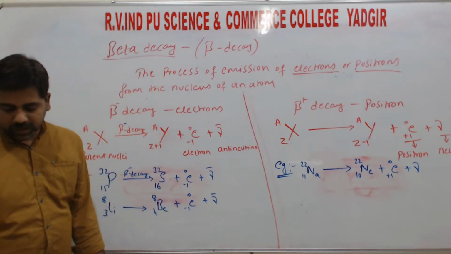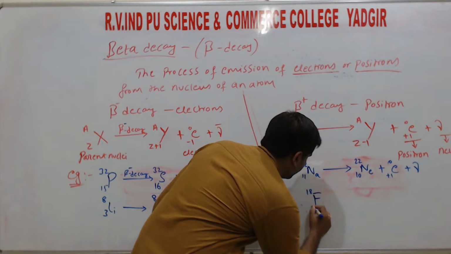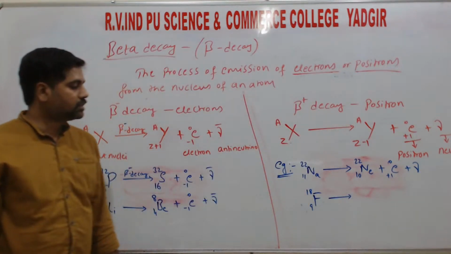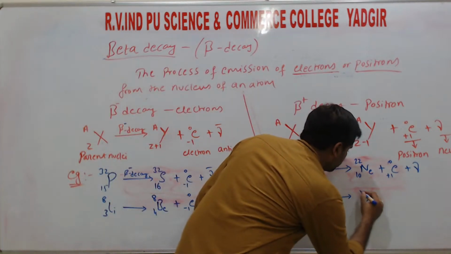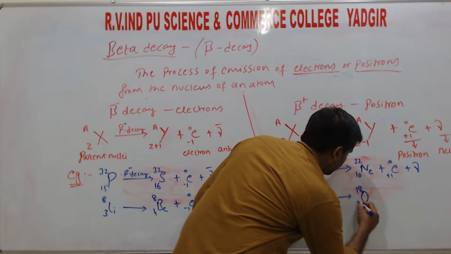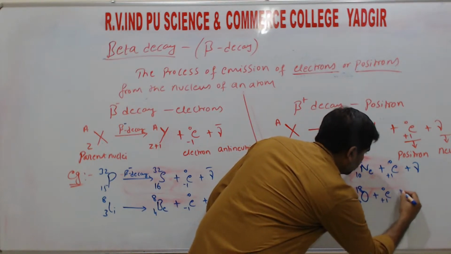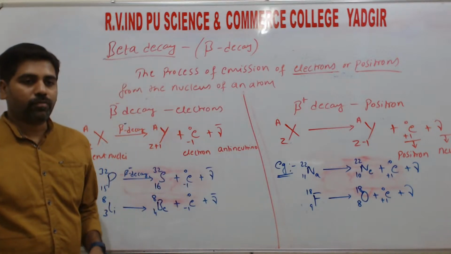One more example is fluorine 18 with atomic number 9, as it undergoes beta plus decay. Next to fluorine is oxygen, mass number 18, it becomes 8, plus a positron, 0 plus 1 e, plus nu, that is the neutrino.